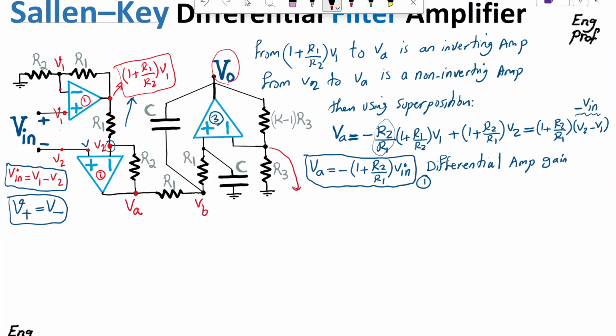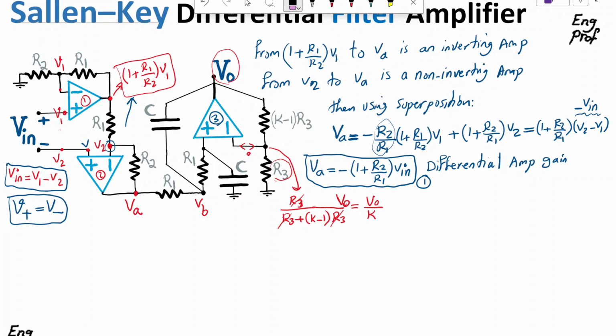For this node, I can simply say it is R3 divided by R3 plus, since the ideal op-amp has infinite input impedance, no current goes in or out of the negative terminal, so this is effectively in series with R3, K minus 1 times R3. Interesting, the whole thing goes away and it becomes, of course, times Vout. The whole thing becomes Vout divided by K.